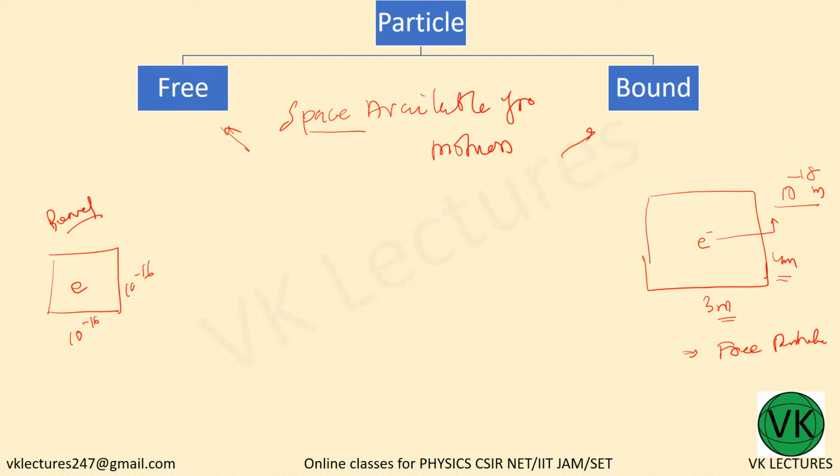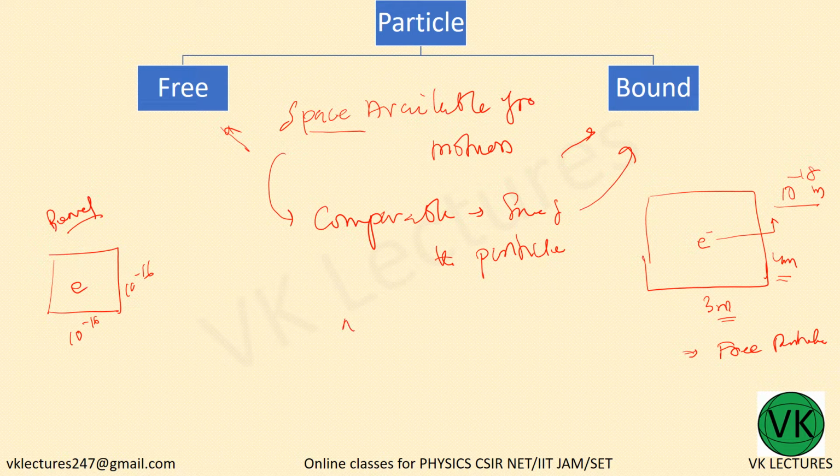If the space available for the motion of the particle is comparable to the size of the particle, then this is a bound particle. If it is not, that is a free particle.